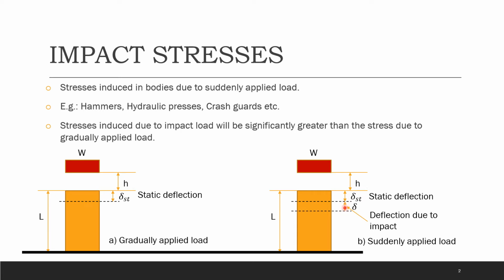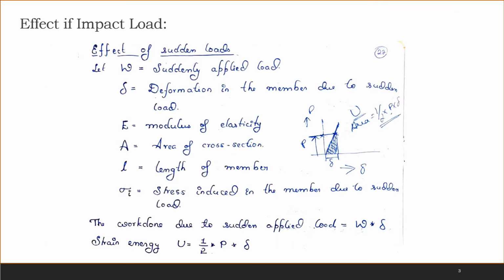Therefore you can see that there is an additional deformation when you compare it with gradually applied load. So it will be static deflection plus a certain deflection due to impact. So this is how impact deformation happens. Okay, let's move on to the next slide.